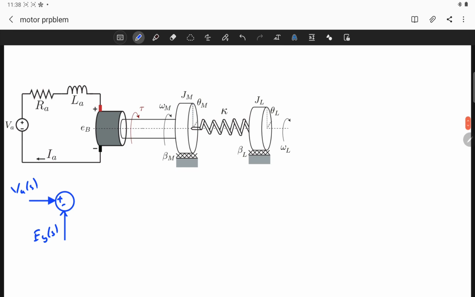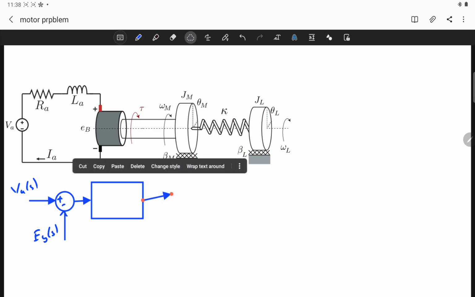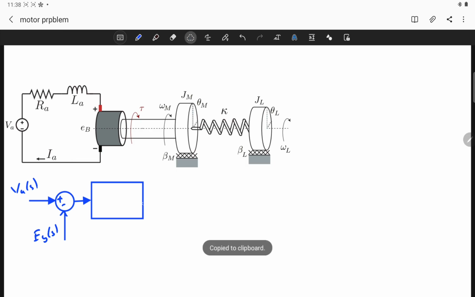So what I can do is this. This is equal to 1 over (L_A s plus R_A), which produces I_A(s).